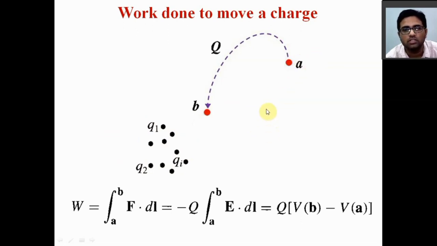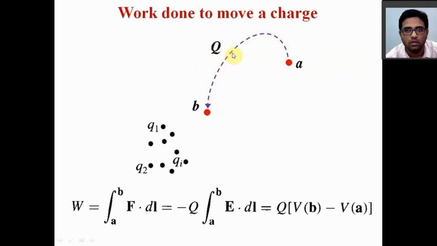Now to move the charge Q from A to B without any acceleration, we have to apply the same minimum force opposite to the electrostatic force, which is minus Q multiplied by the electric field.